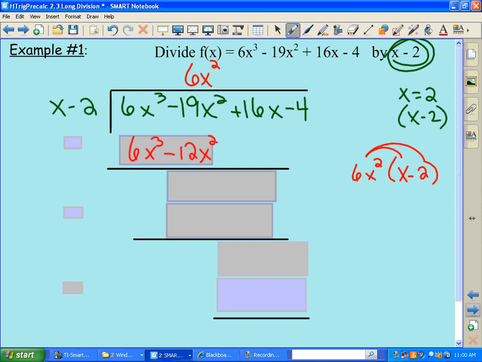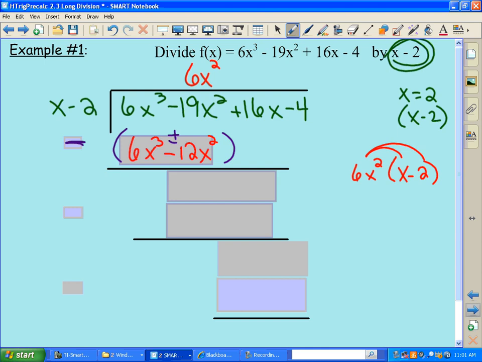Your terms need to line up. We have to have like terms in order to combine. What do you do with division? What do you do with these terms? What's the next thing? Sally? Subtract them. Here's the thing you need to be careful with, because you're subtracting 2 things. This subtraction goes to both of them. So you're subtracting 6x cubed, but you're also subtracting negative 12x squared.